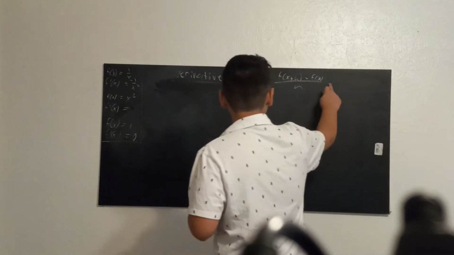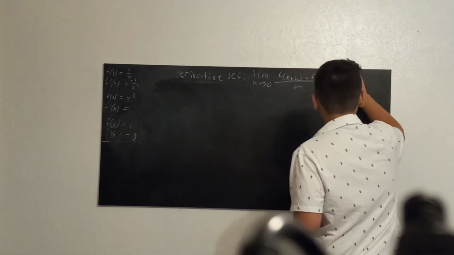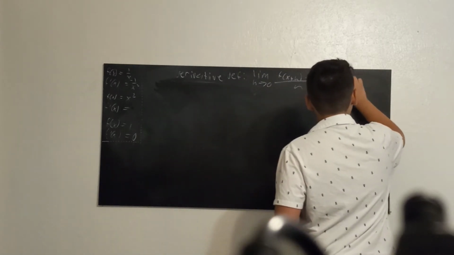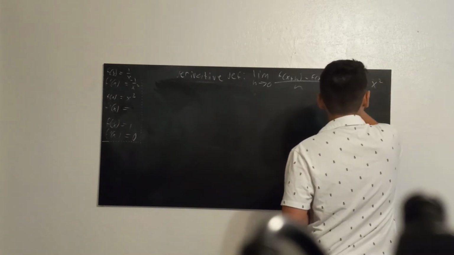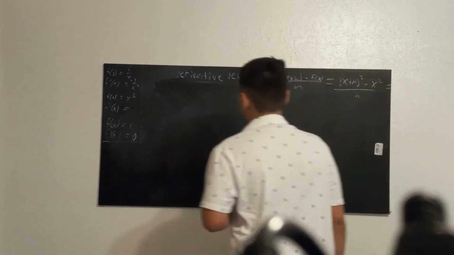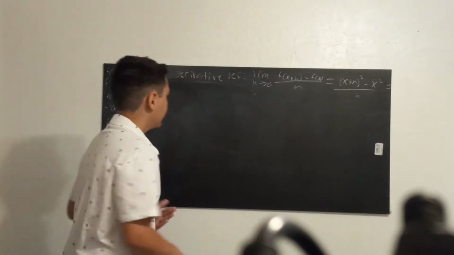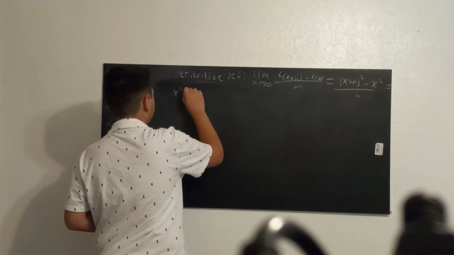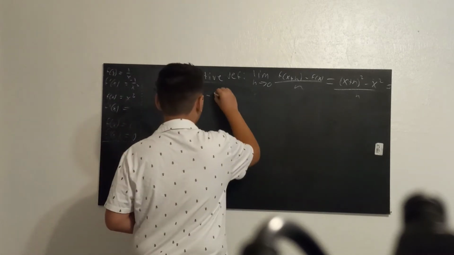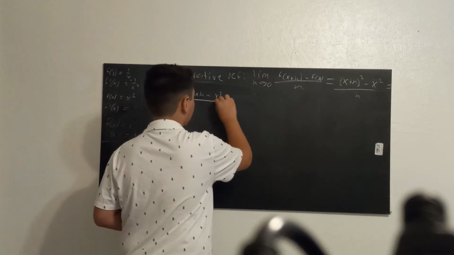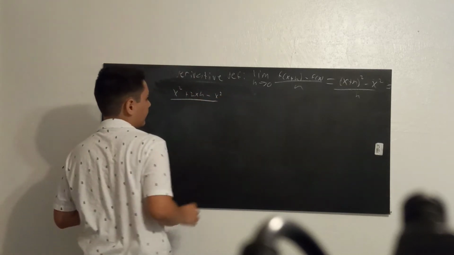Plug this into our definition. It's (x plus h) squared minus x squared, over h. We're gonna expand it out. So we got x squared plus 2xh minus x squared over h.